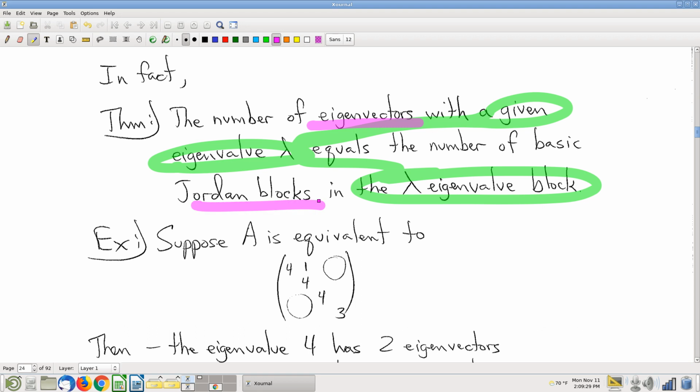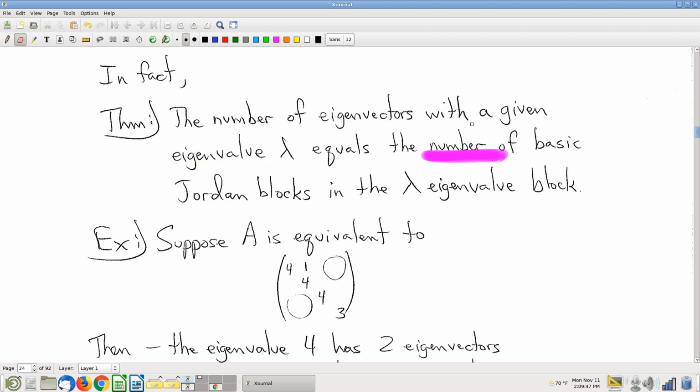For every Jordan block, there's a corresponding eigenvector corresponding to that first column. Specifically, then, the total number of eigenvectors is just the number of basic Jordan blocks for a given eigenvalue. Okay, so again, we're not going to prove that fact in this course.